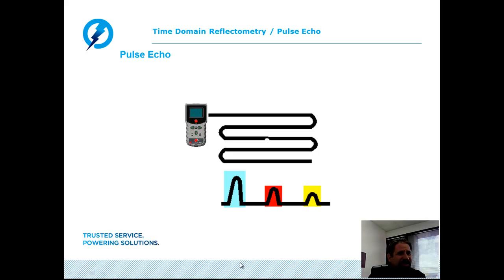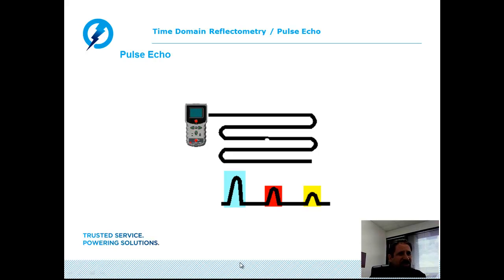Any reflections result from mismatches in the characteristic impedance of the cable. These mismatches may be caused by the start of the cable, splices in the cable, transformers, faults, etc.